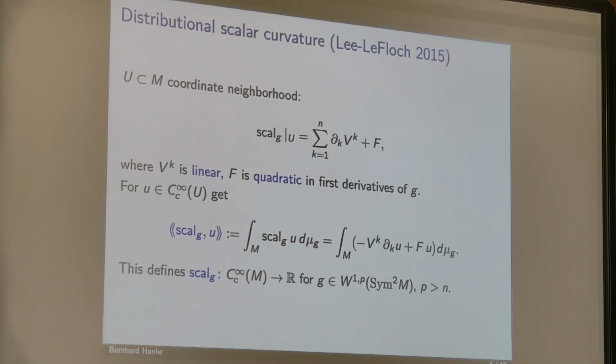The idea is rather easy to explain. If you start on a coordinate neighborhood of your Riemannian manifold and you write down the scalar curvature on this coordinate neighborhood, then it turns out that it is a sum of 2 quantities. This one here is quadratic in the first derivatives of G, and these quantities are linear in the first derivatives of G, and then we take another partial derivative in direction k.